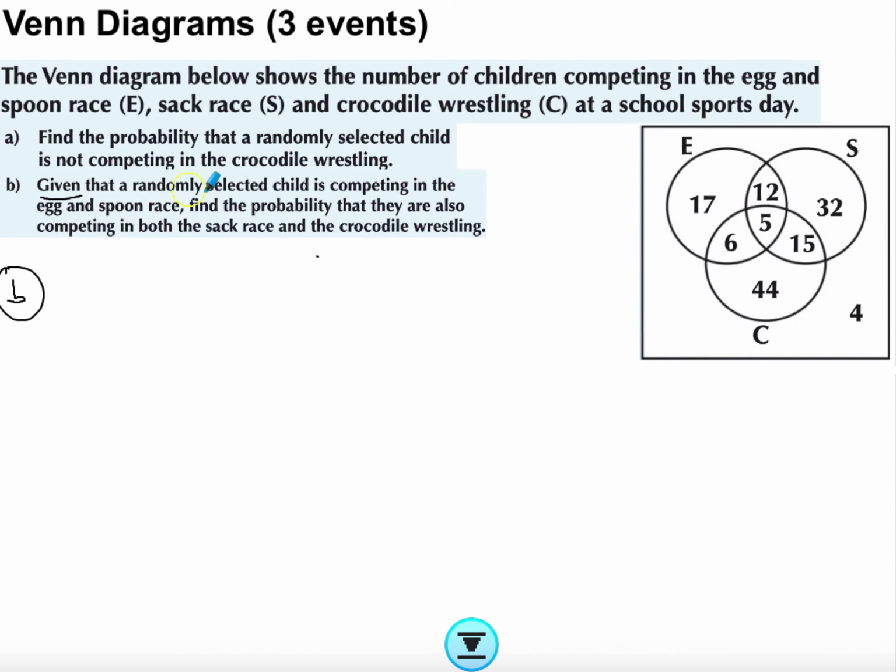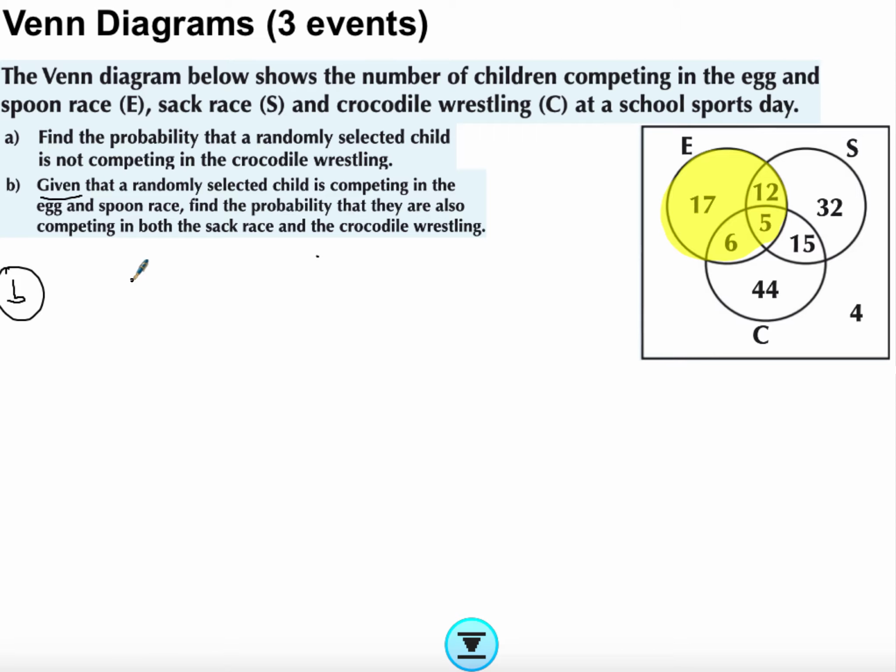So I already have the condition that I'm looking at the child competing in the egg and spoon race. So this is my total now. This is the pool of kids that I'm looking at only, not the total. The first option was just a randomly selected child in the competition. But given that I'm looking at those competing in the egg and spoon race, I'm only looking at this option.